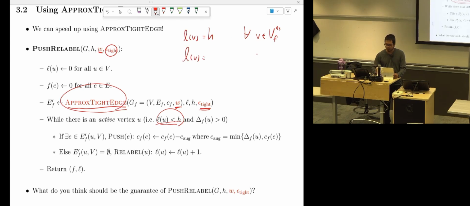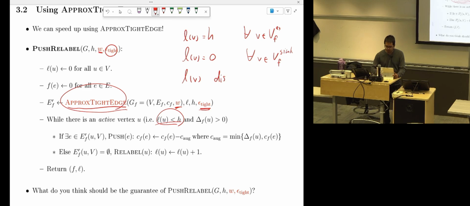What's the level for the unsaturated sink? It's still going to be 0. The sink that is not saturated just remains 0 all the time. And what can we say about the lower bound?